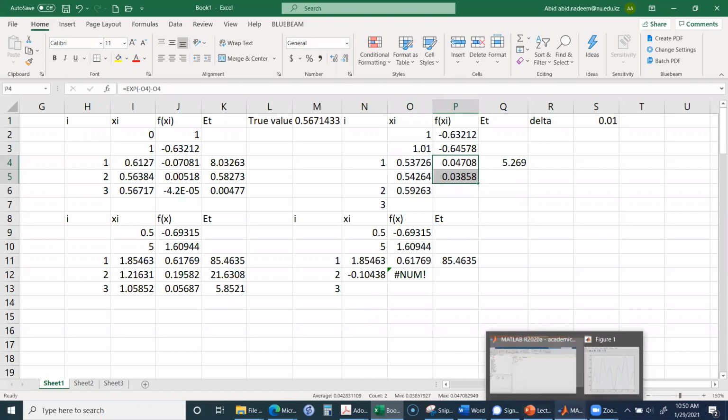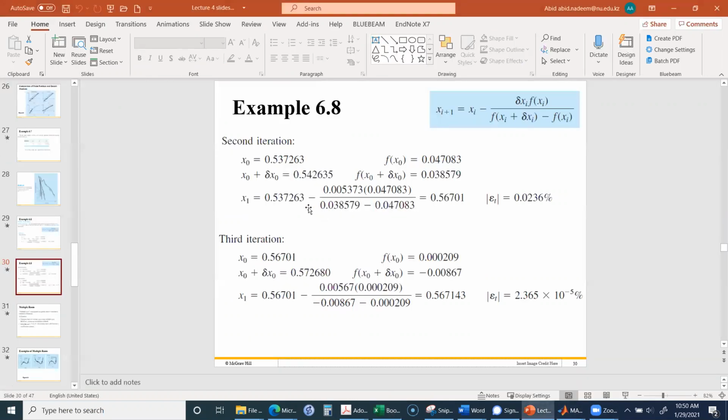Which in fact does not seem to be correct. It is 0.56703, and the reason is because I'm using the wrong value of the delta. Okay, so delta is actually the fraction. That fraction will be 0.5763.